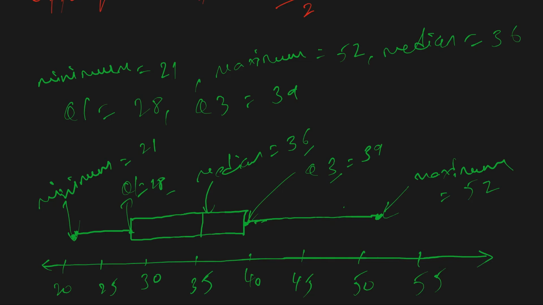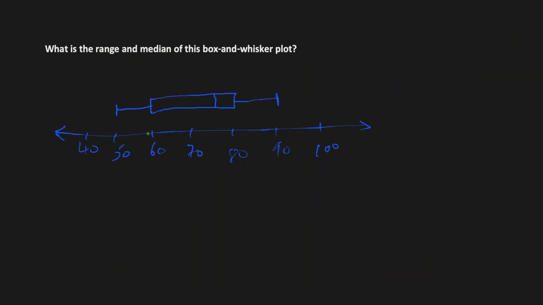Let's look at another example where we are given the plot, and we'll have to figure out the range and the median for a given box and whisker plot. And I apologize for my terrible drawing here. Before we answer this question, let's look at all the quartiles and information here.